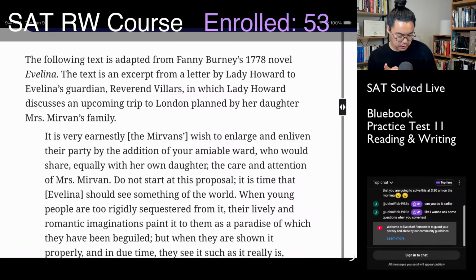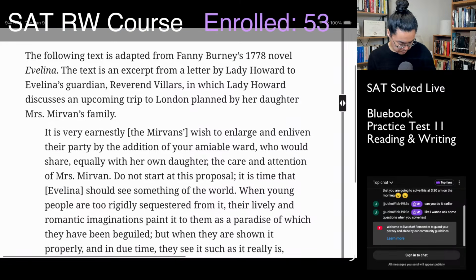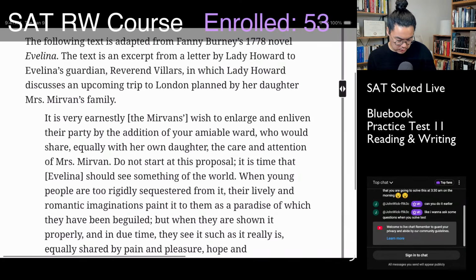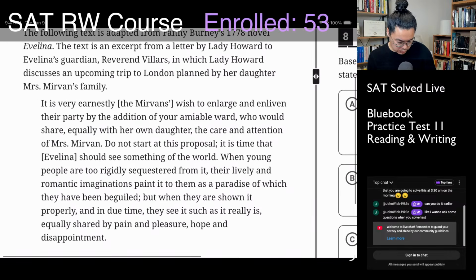Lady Howard to Villiers, who is the guardian of Evelina. Howard is going to London by her daughter's family. Okay. It is very earnestly my daughter's family's wish to enlarge and enlighten their party by the addition of your amiable ward, who would share equally with her own daughter.